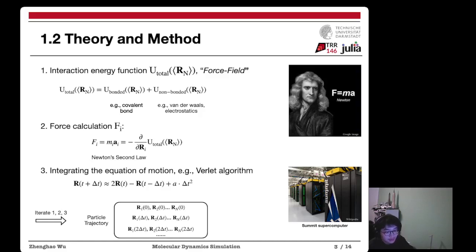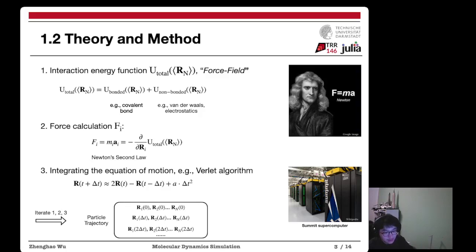Once we have the interaction energies, we can now calculate the force using the derivative of the interaction energy with respect to the atom position. Then, according to Newton's second law, we can obtain the acceleration for the target atom. To dynamically evolve the system, we need to integrate the equation of motion using an algorithm such as Verlet, as shown in the following expression.